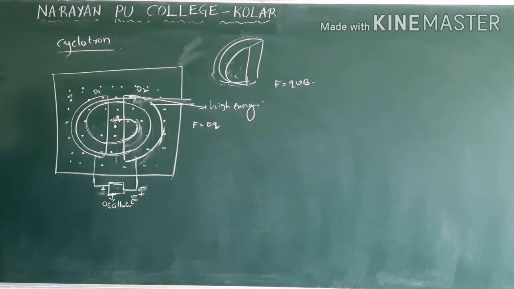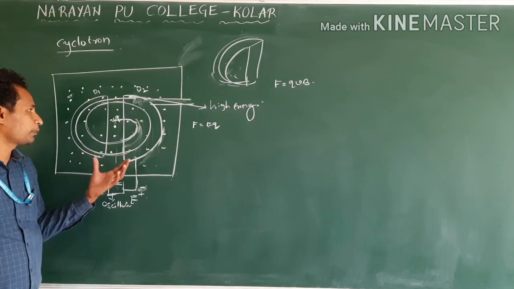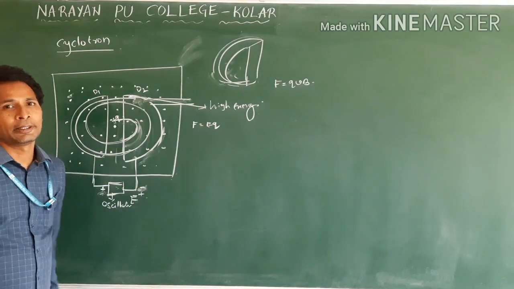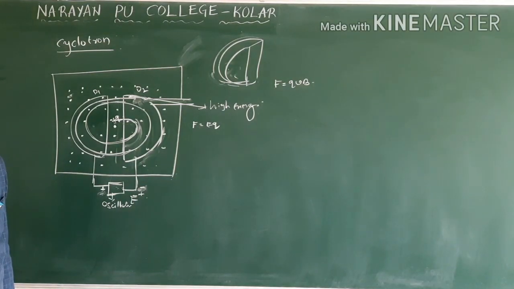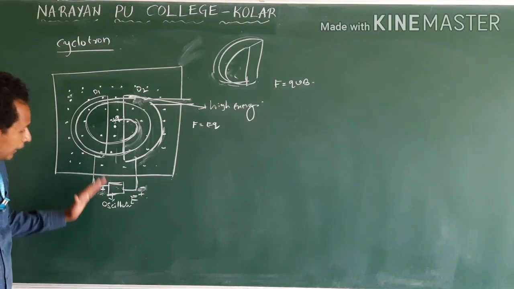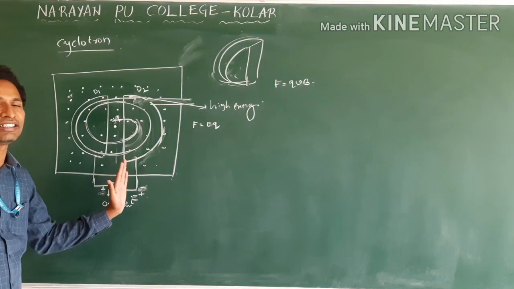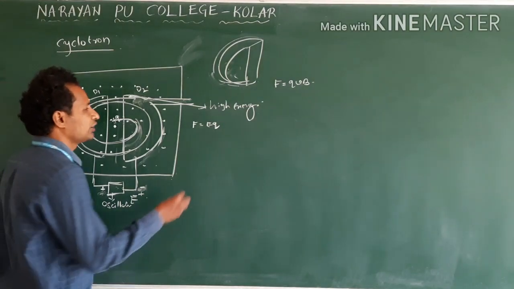Clear? Here what are these two crossed fields doing? The electric field is accelerating the charged particle, the magnetic field changes the direction of the charged particle. Understand? Electric field accelerates. By accelerating, velocity increases, what happened? Radius increases. What is the radius relation?